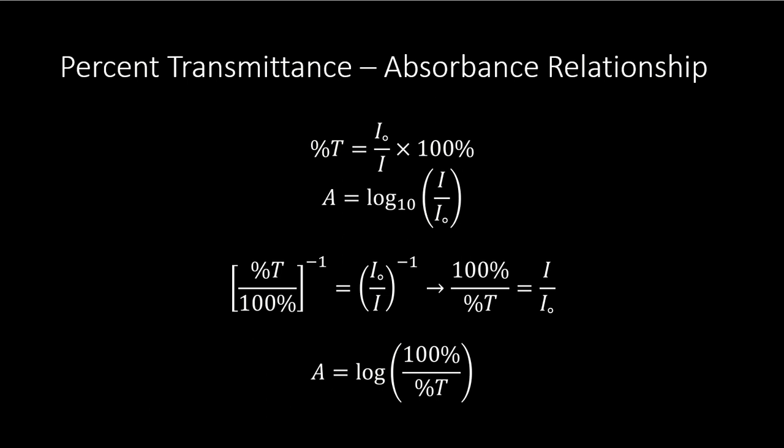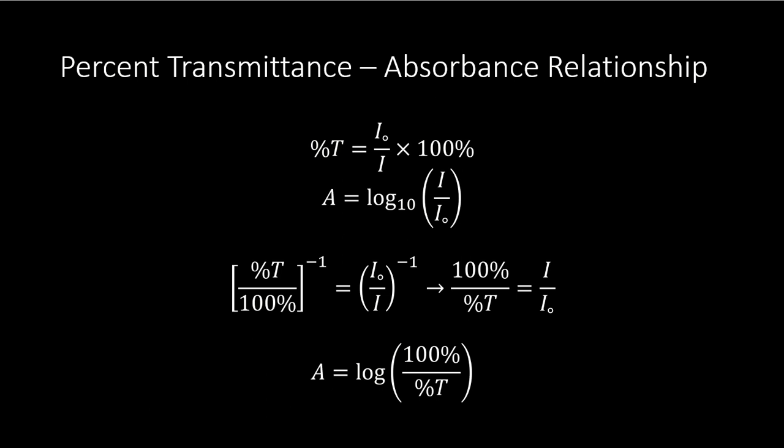Essentially, we have I naught over I, or I over I naught. We can just take the percent transmittance divided by 100 and do the inverse of that to find our ratio of I over I naught.